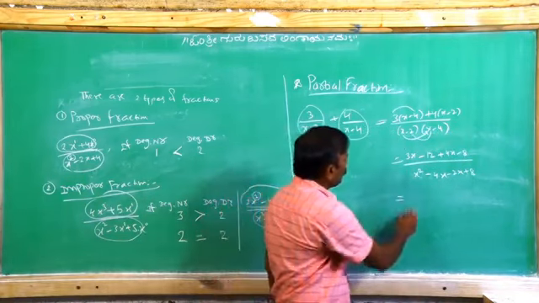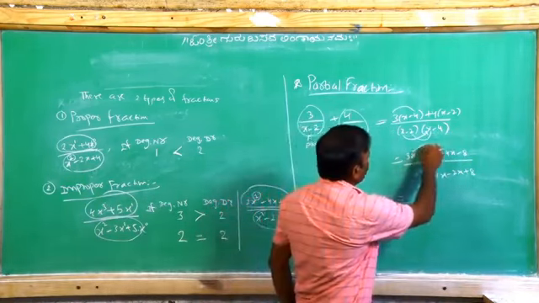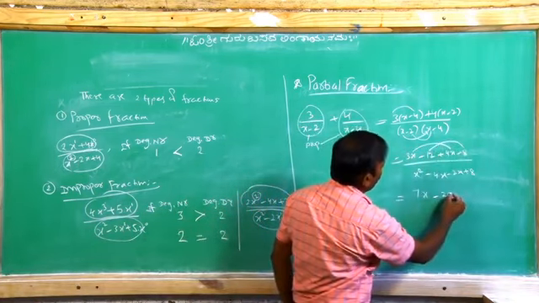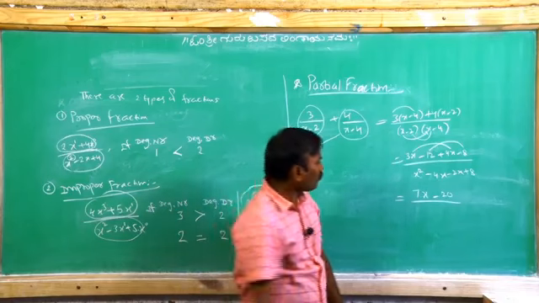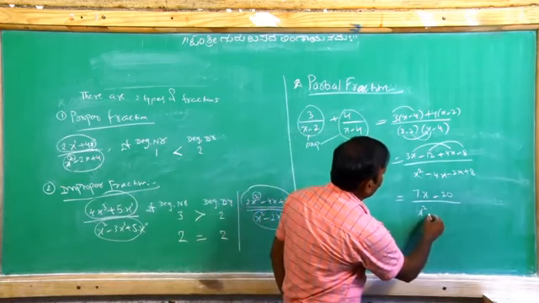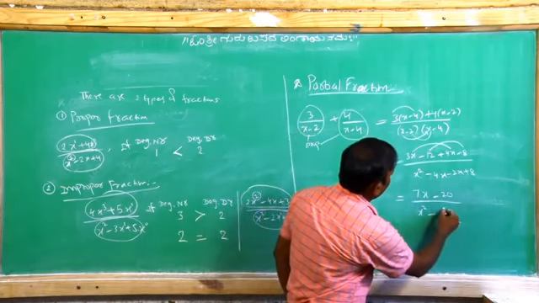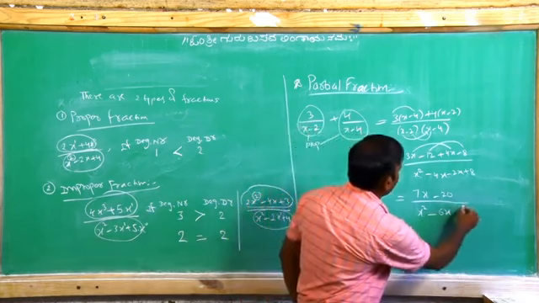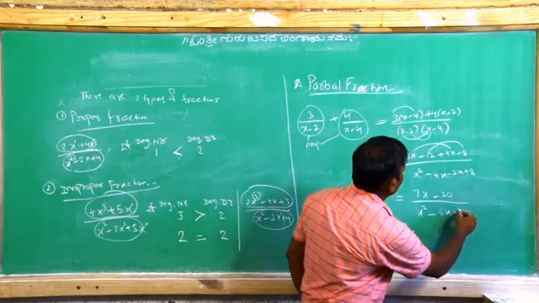So this is equal to 3x plus 4x is 7x, minus 12 minus 8 is minus 20, divided by x square minus 6x plus 8.